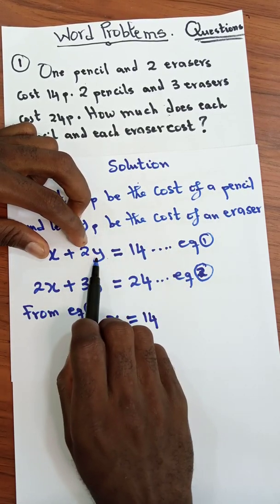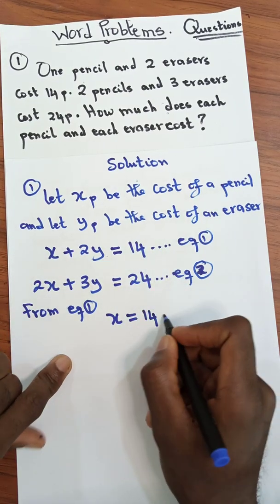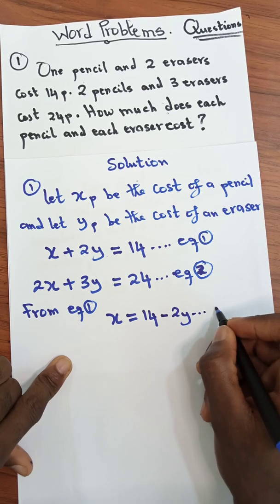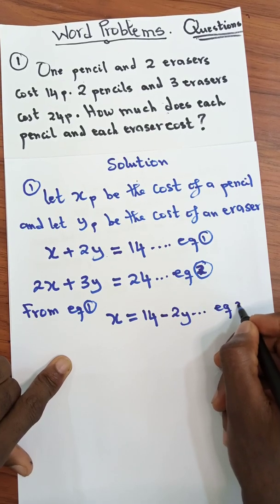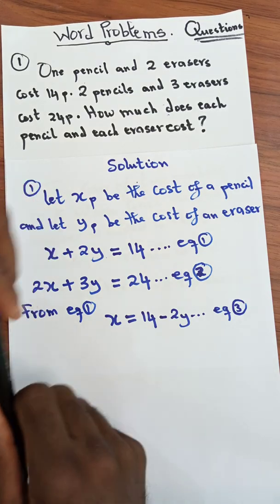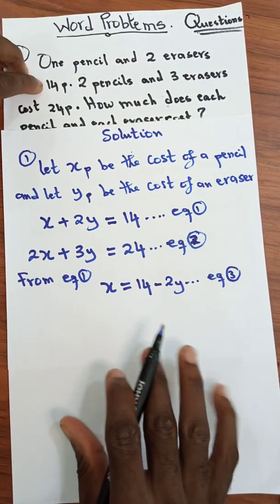When the positive 2y crosses the equal to sign, it becomes negative 2y. Let's call this equation 3, because we'll need it later on. Equation 3.